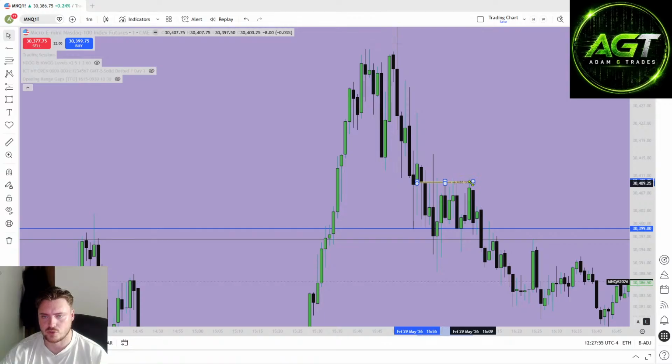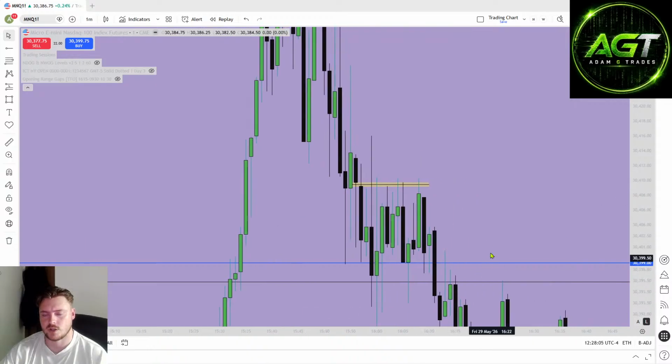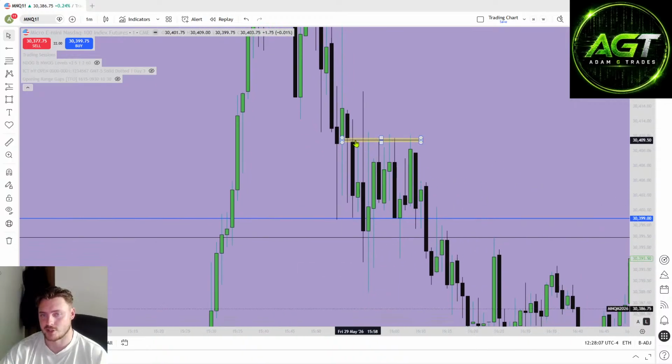And this is what you call true support and resistance, like your fair value gap, like your volume imbalance. You don't want to see any bodies. I'm trying to find a good example. A lot of the time it can just touch the volume imbalance and then run off.